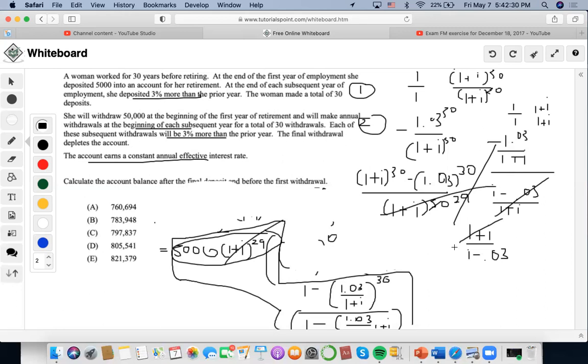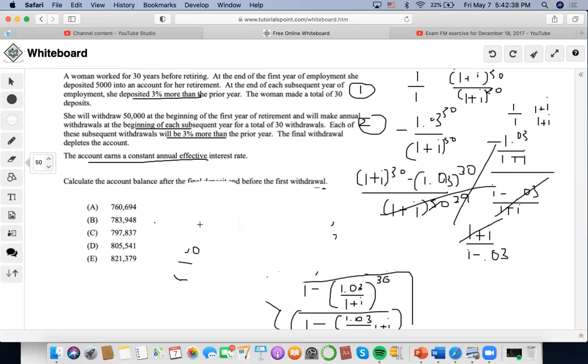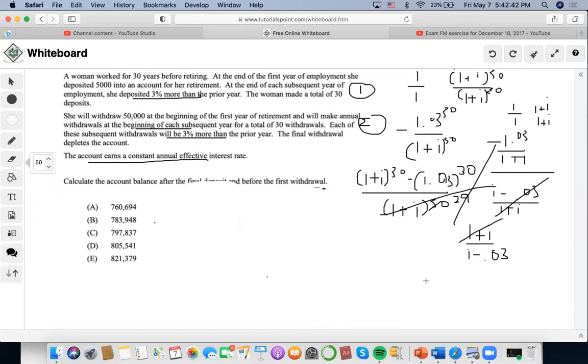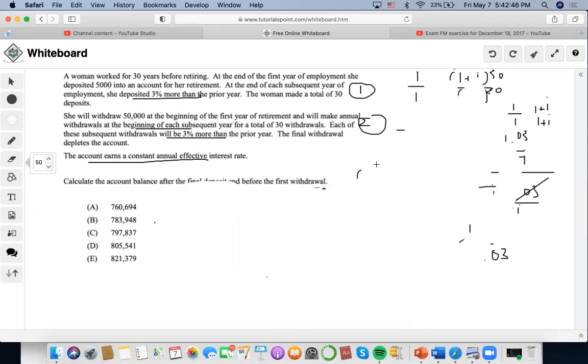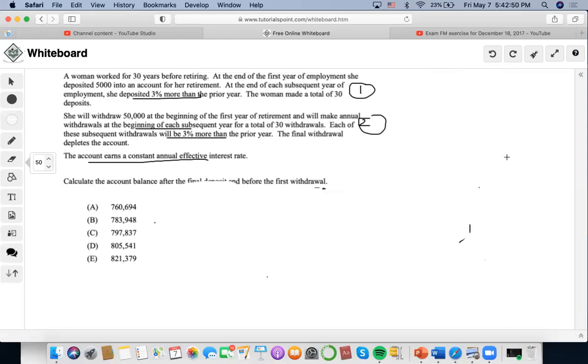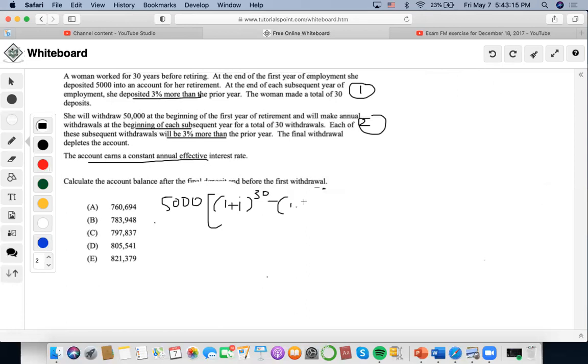So now, as a whole, I'm going to end up with 5,000 times 1 plus i to the 30 minus 1.03 to the 30 over i minus 0.03, right?